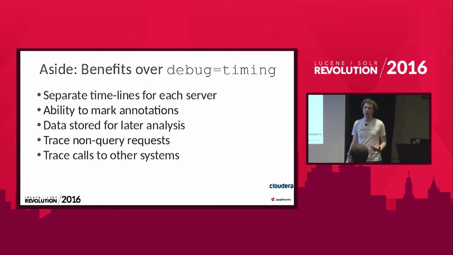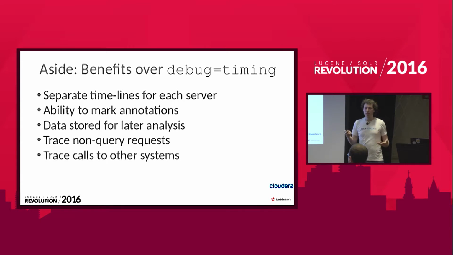We also have the ability to mark annotations. I haven't done that on there, but if you have annotations available, they just show up with the spans. It's a little tick mark on the timeline, and it'll show up like a comment in Excel or additional information. It's cool that the data can be stored for later analysis because you have this daemon collecting everything.